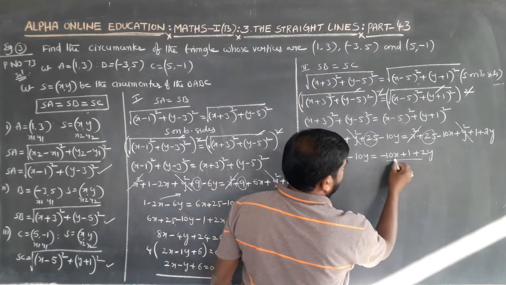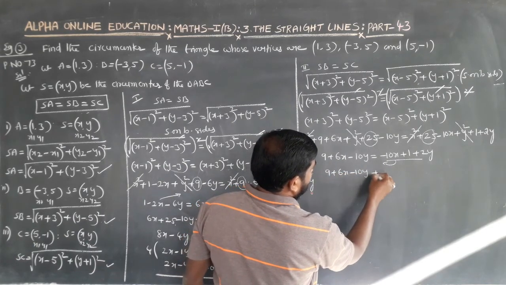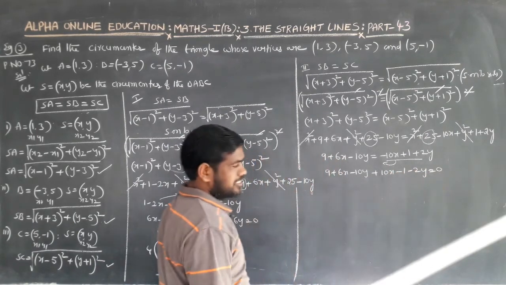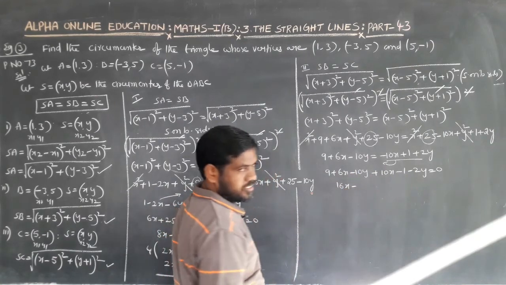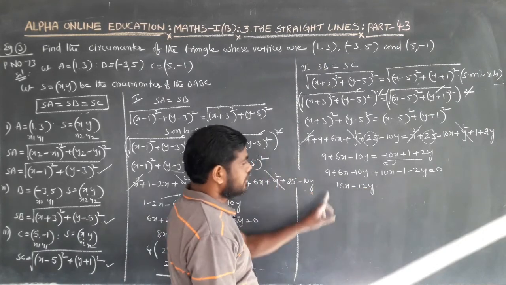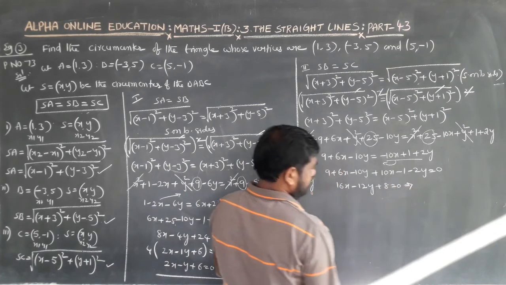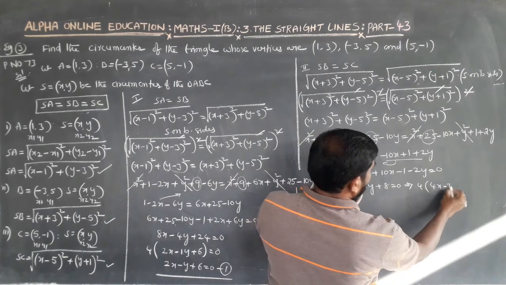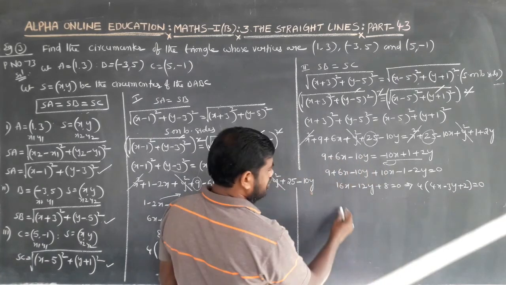Taking the terms to the left side: 9 plus 6x minus 10y plus 10x minus 1 minus 2y is equal to 0. 6x plus 10x is 16x, minus 10y minus 2y is minus 12y, plus 9 minus 1 is plus 8, is equal to 0. 4 common: 4 4s are 16, 4 3s are 12, 4 2s are 8, is equal to 0.